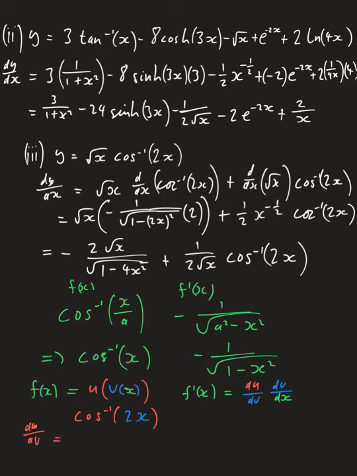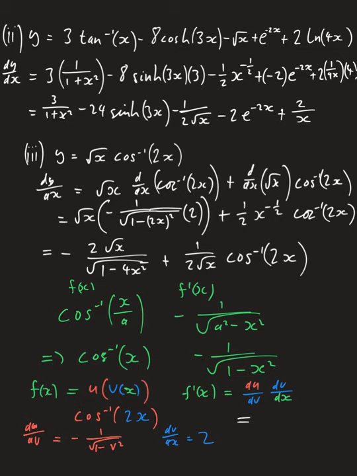By the formula above, it's minus 1 over the square root of 1 minus v squared. And then after that I multiply it by dv/dx. Well, if v is 2x, then dv/dx is 2. So that's how I got there.